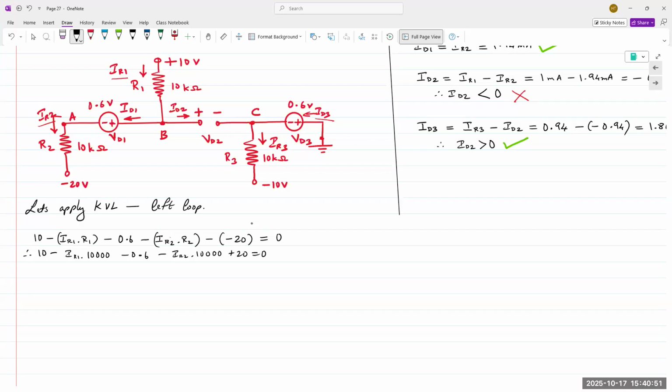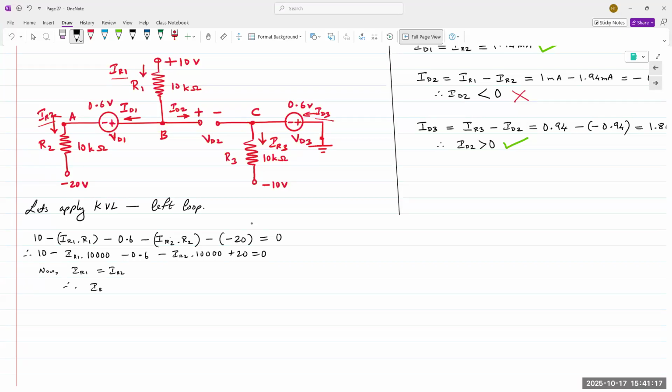There's only one loop because of the diode in the middle that is open. There's only one loop on the left, one loop on the right. And we can say IR1 is equal to IR2. It's the same. And we can solve for that current because everything else is known in the circuit.